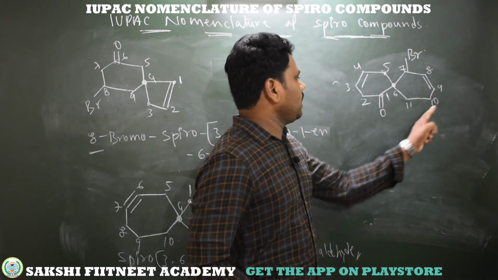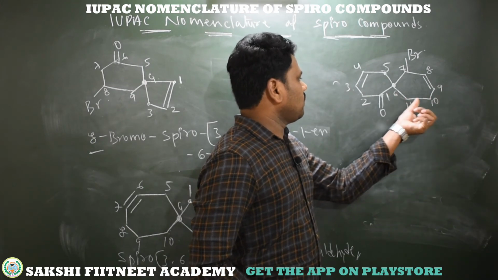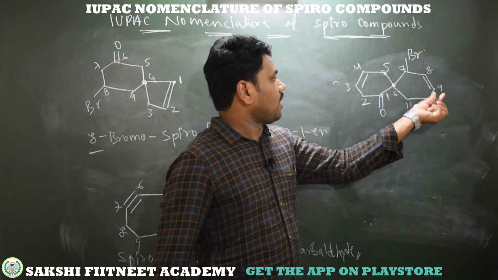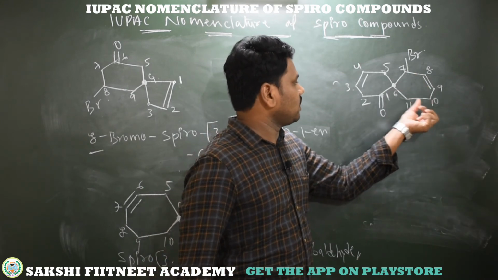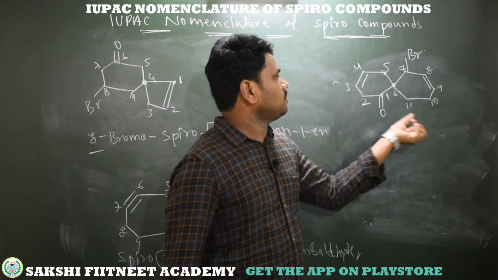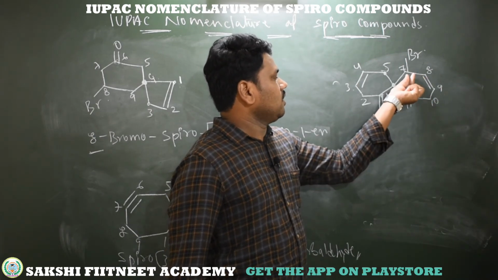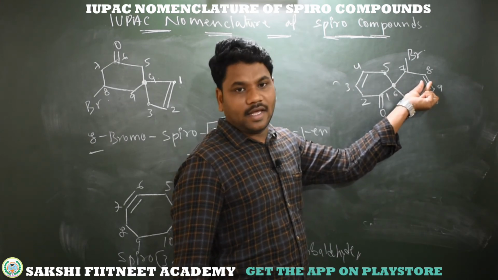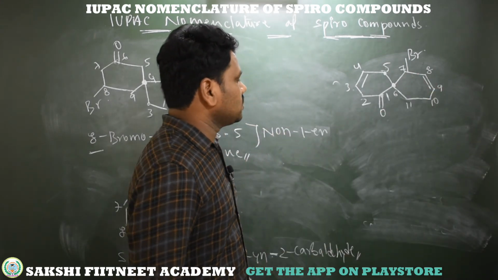If I follow anti-clockwise, 6, 7, 8, 9, 10, 11, I get bromine at the 11th position and unsaturation at the 9th position. So better to follow clockwise. That way we get bromine at the 7th position, the least number, and unsaturation at the 8th position. So this is the numbering for this compound.